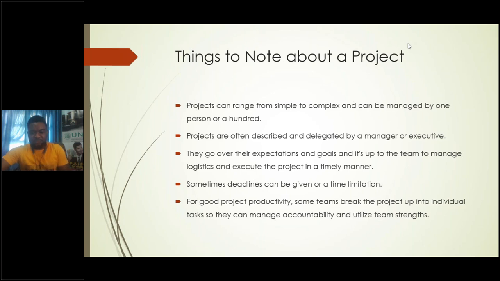For good project productivity, some teams break the project up into individual tasks so they can manage accountability and utilize team strength. No matter how complex a project is, sometimes the first time I traveled to a place I was like, wow, this is so massive, this is so beautiful. And you can start wondering, how did they do this?